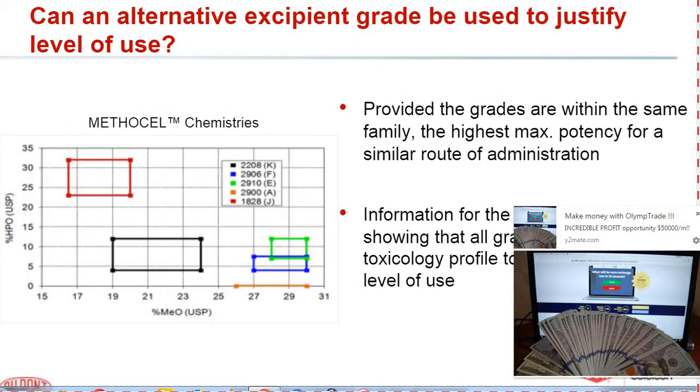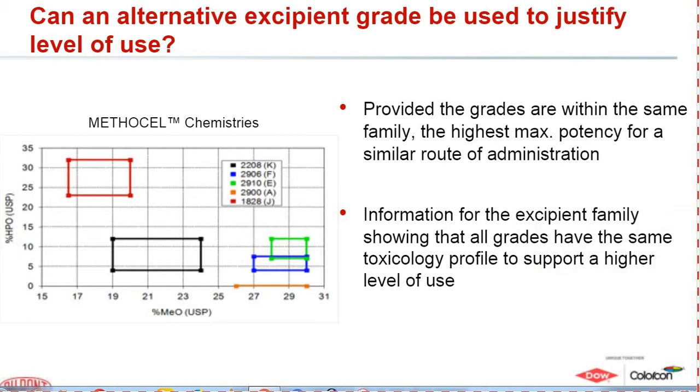So we were talking about how you can use information on the toxicology of the product to justify the level of use, and we're going to use HPMC, Methocel HPMC, as an example. The chart that you see in front of you, the large box with the entire chart, represents basically the compendial monograph for HPMC.